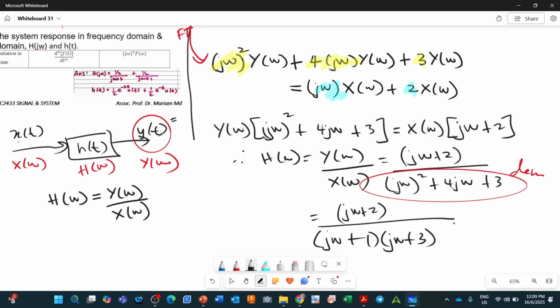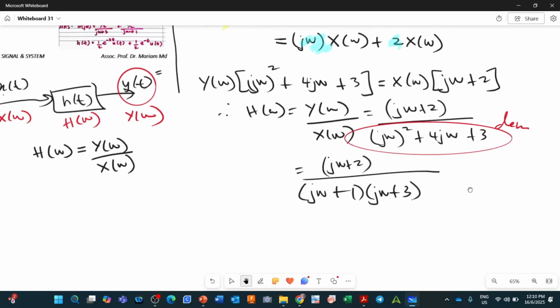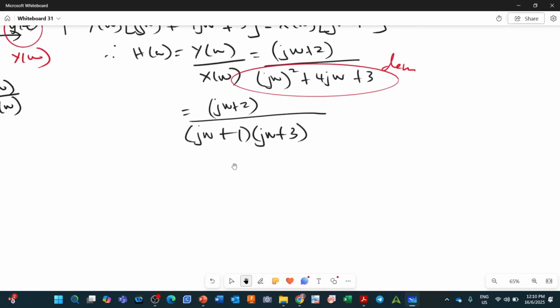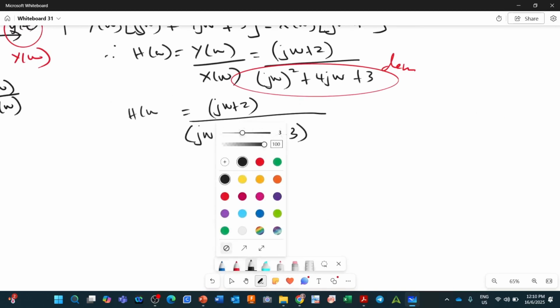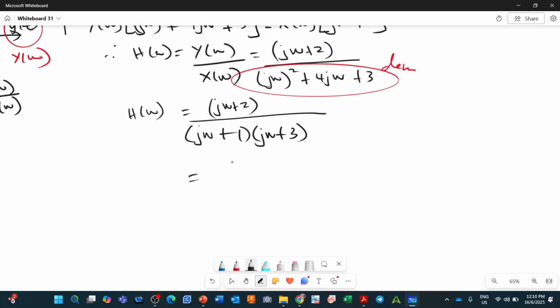I don't know how you learned it, but this is how I learned it before. In my time, we didn't have advanced calculators. We have them now, but this is simple factoring, and students should be able to do it. So now it looks like you can do the partial fraction. You write it as A over J omega plus 1 plus B over J omega plus 3.